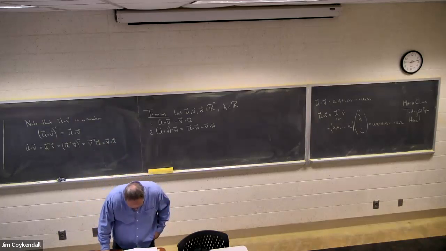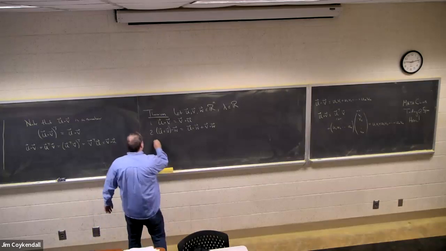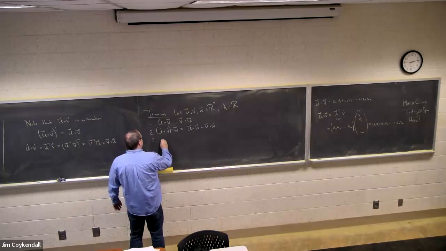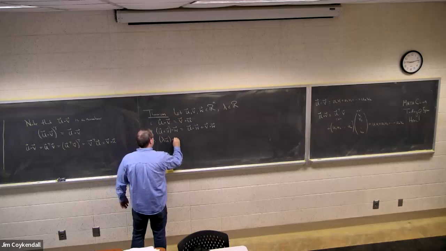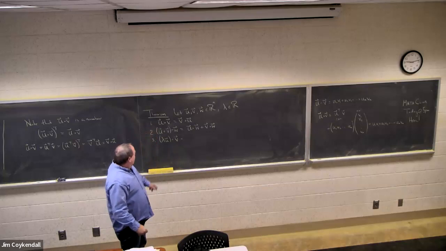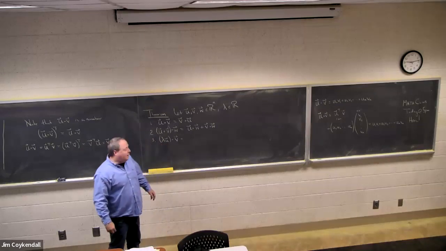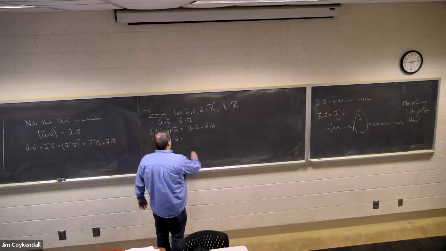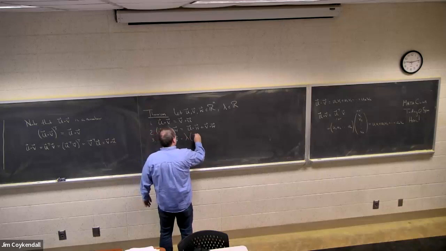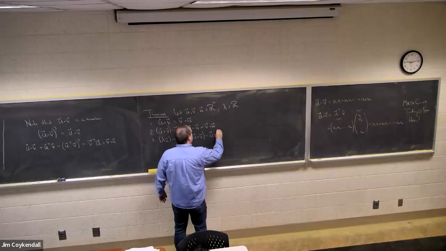The next one: if you multiply the first vector by any scalar lambda and dot it with V, this is lambda times U dot V. And of course, it doesn't matter if you put the lambda in the second.